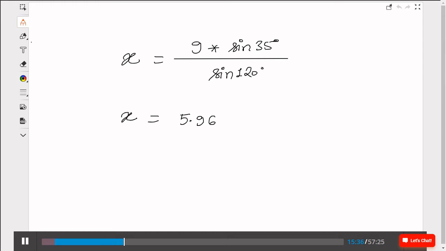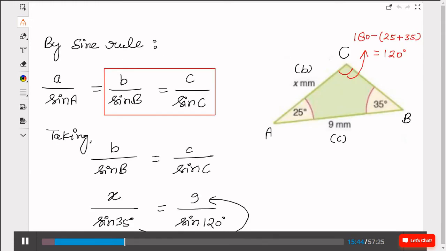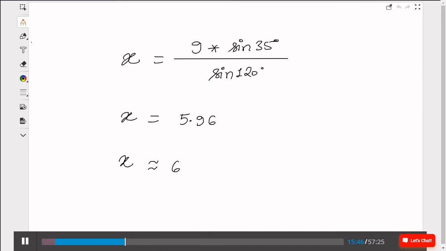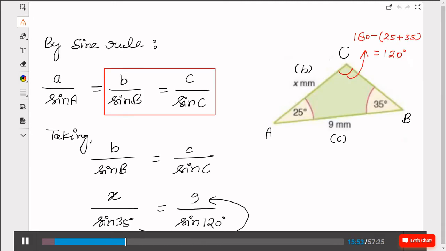So 6, and what's the unit? Millimeters. We just say it's millimeters. That's it in the question. So this is the only variation they give, that they might give you a missing angle. Like they give you the corresponding side, but they don't give you the angle. So it's really easy to get a third angle if the two angles are already given to you.